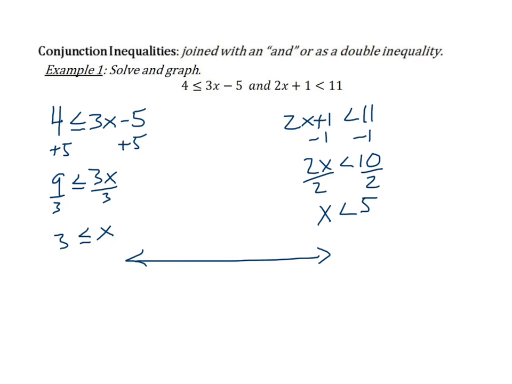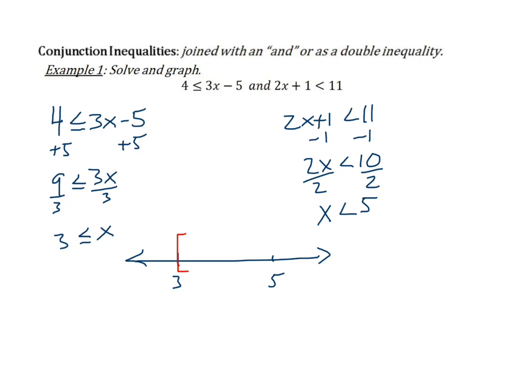And so if we graph this, we have 3 and 5 over here. And we're going to use our interval notation kind of brackets. We have 3 is included, so we'll put a hard bracket there. And this is all the numbers that are greater than 3.